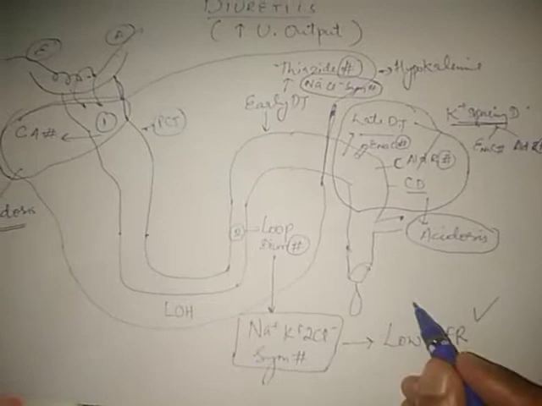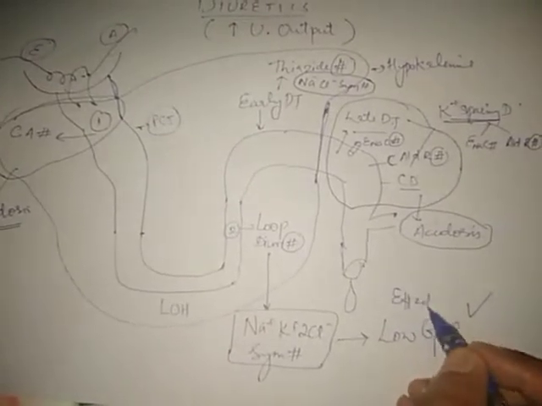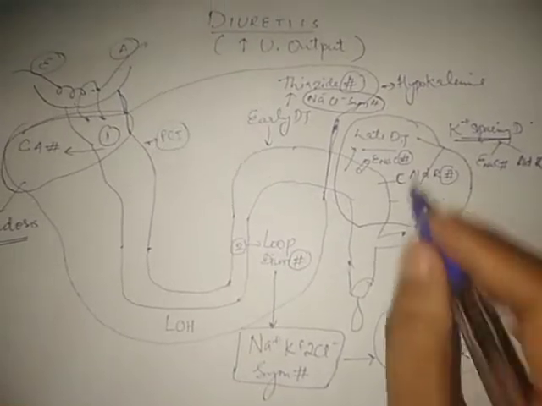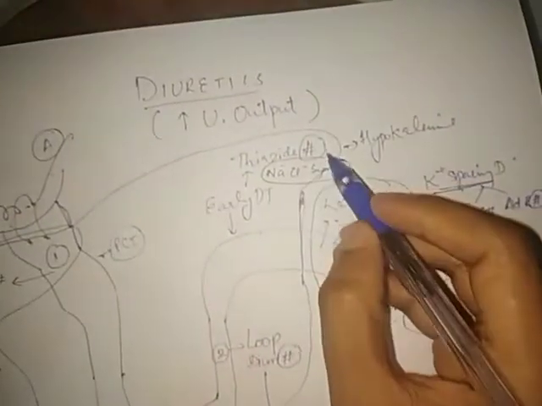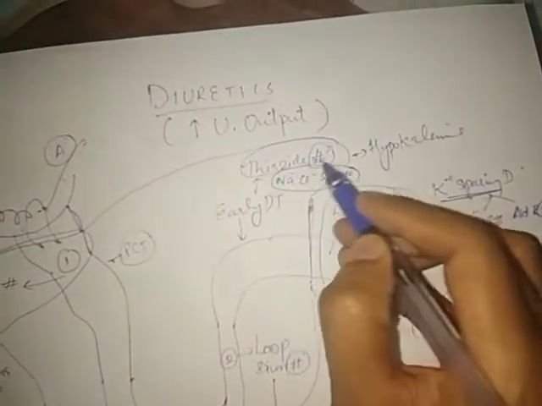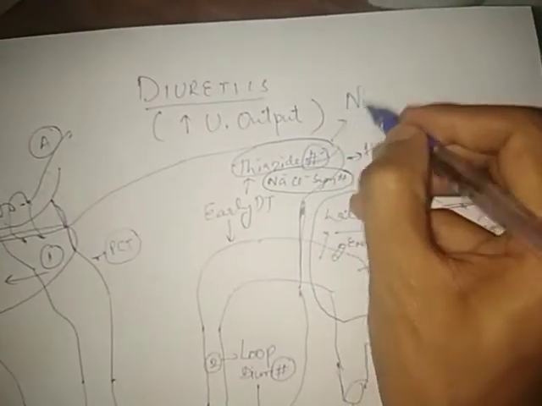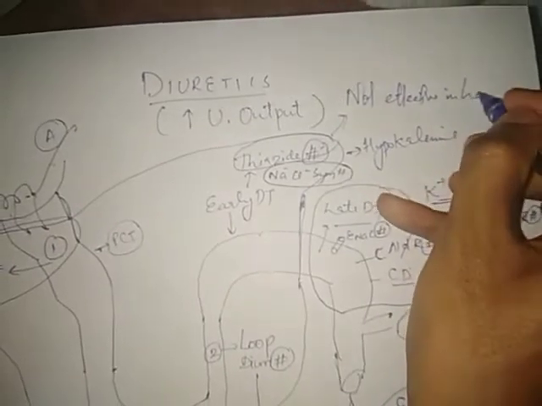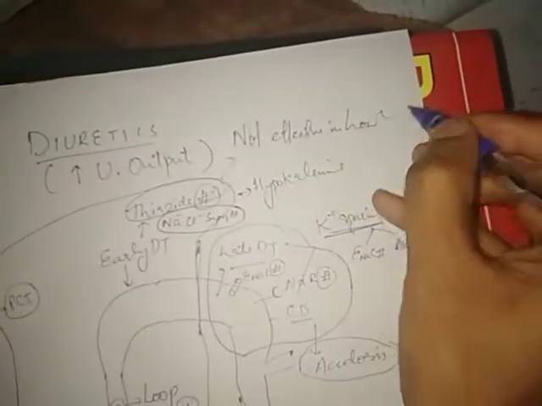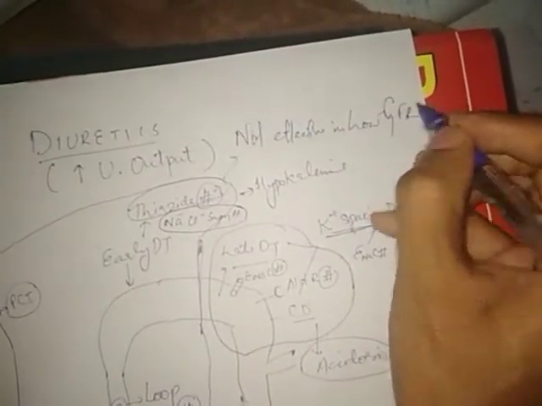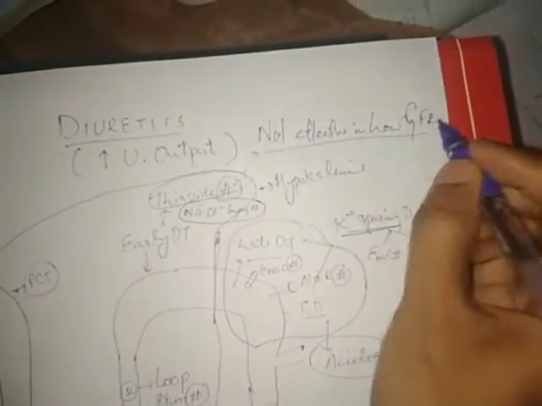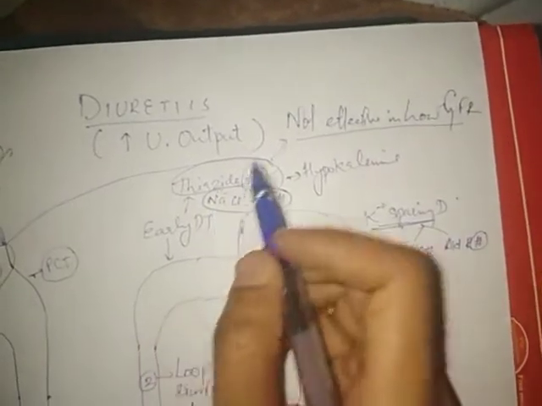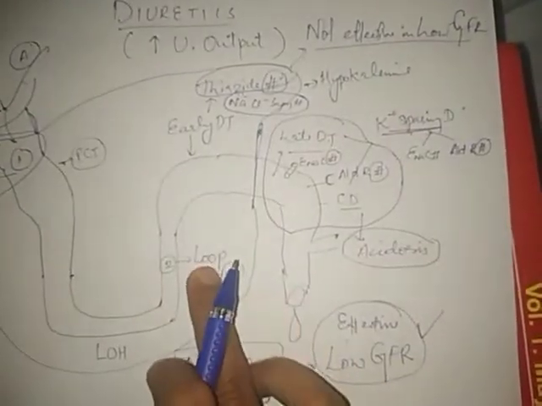While the thiazide group of diuretics is not effective in low GFR. So it is not safe to give thiazide diuretics in patients with renal failure. You can use the loop diuretics.